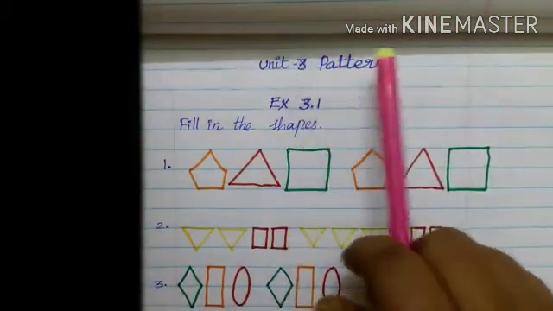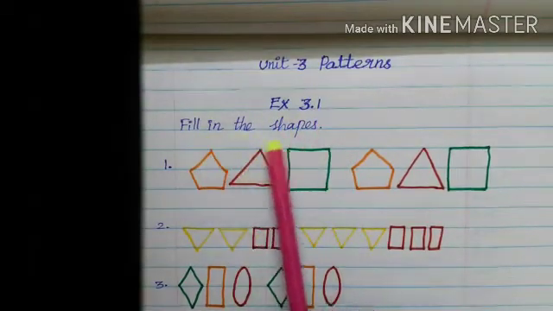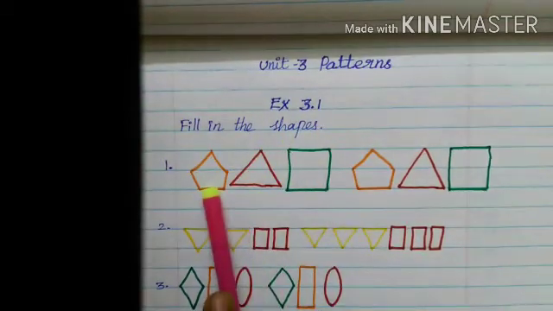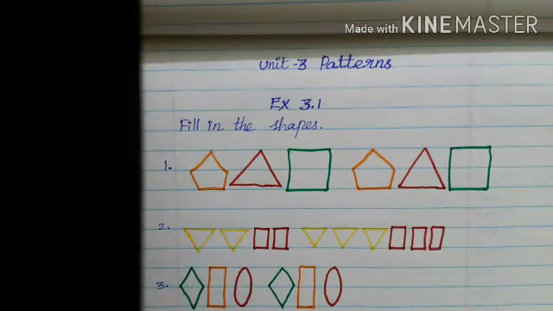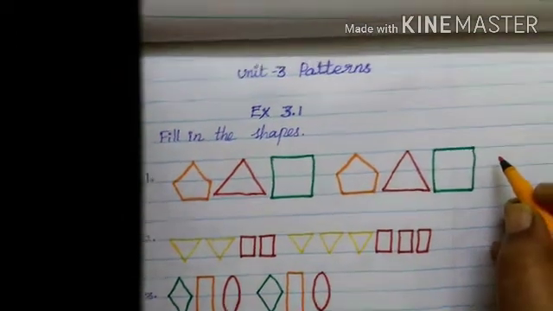Unit 3, Patterns. Exercise number 3.1. Fill in the shapes. The same example is given to you here, so it is easy to find out. Draw the shape here. Next one. Use the same color.